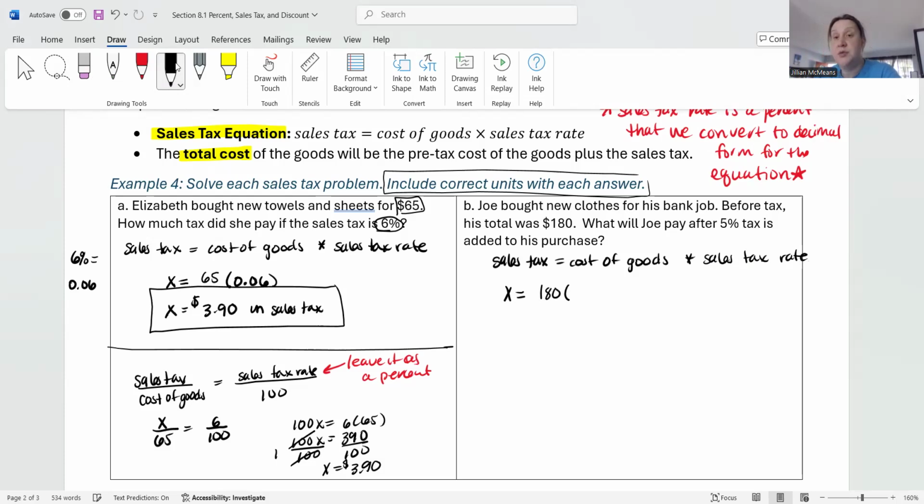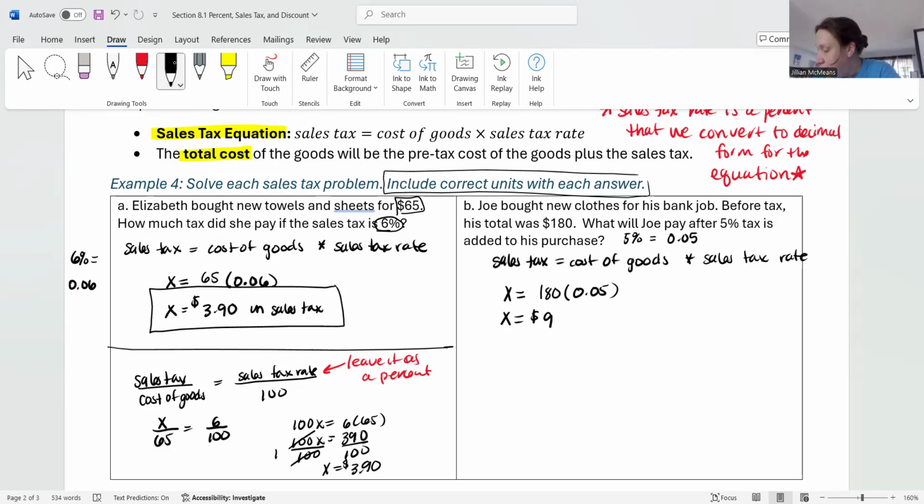The sales tax rate is 5%. So 5%, remember, to write it as a decimal, we drop the percent symbol and then we move the decimal to the left twice. So we get 0.05. So 180 times 0.05. On a calculator, you could just multiply the 180 times 0.05, and I get 9.